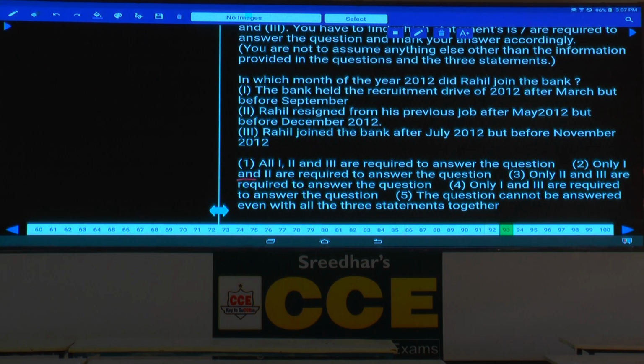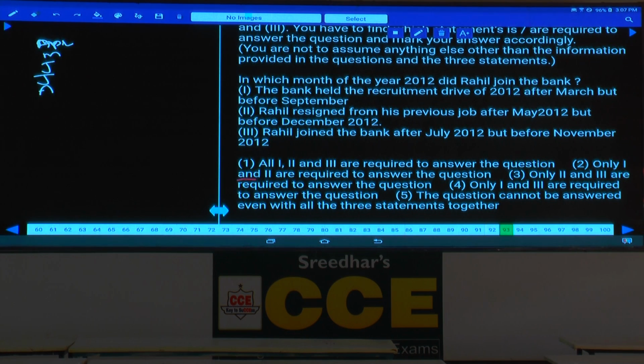1 and 2. Bank held the recruitment drive of 2012 after March, but before September. After March, before September, the answer could be either April, May, June, July or August, isn't it? So with the help of the first one, there are 5 different months.